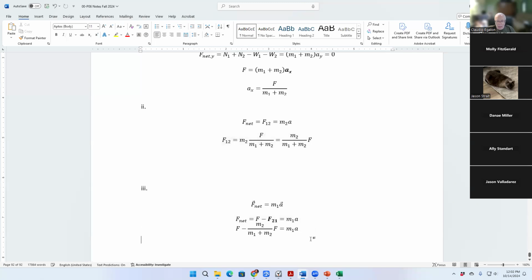Okay, and now we put everything here under the same denominator. Like that. F, right? M1 plus M2. Oh, you can finish that at home, okay? And then you solve for A in this one, and I'm going to get exactly the same thing.